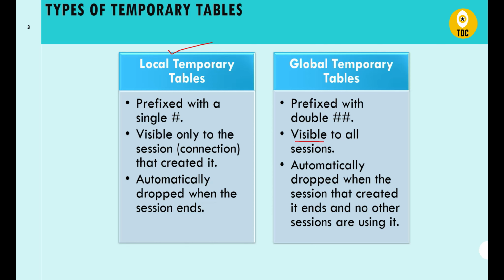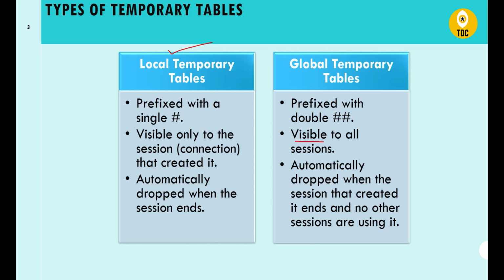If you create a global temporary table in one session, it can be accessed in another session. But if you create a temporary table with a single hash, which denotes a local temporary table, it can only be referred to in that particular session. If any other session is active, it cannot be used or viewed.